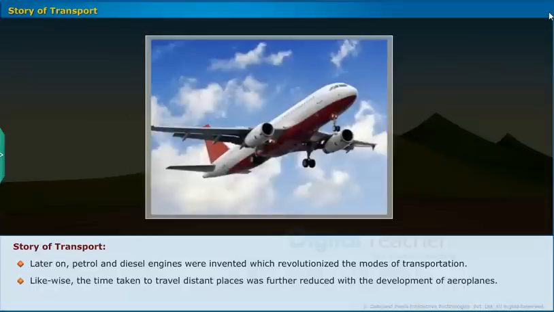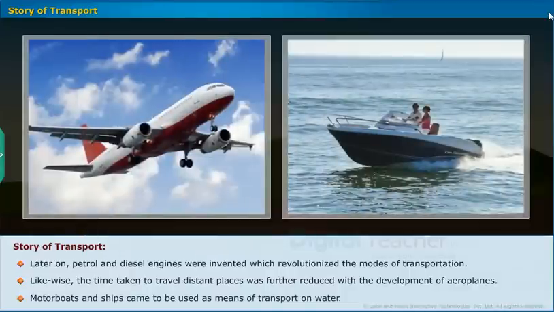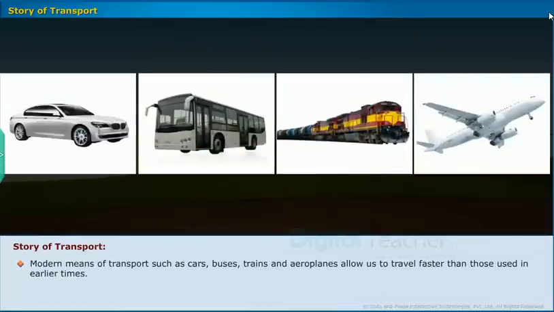Likewise, the time taken to travel distant places was further reduced with the development of aeroplanes. Motorboats and ships came to be used as means of transport on water. Modern means of transport, such as cars, buses, trains, and aeroplanes, allow us to travel faster than those used in earlier times.